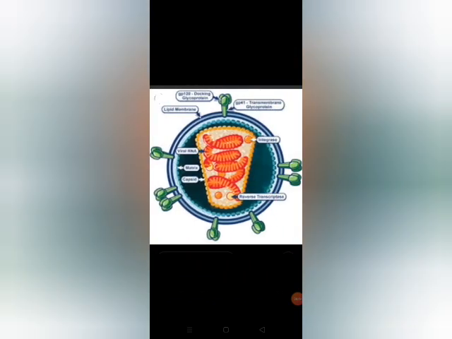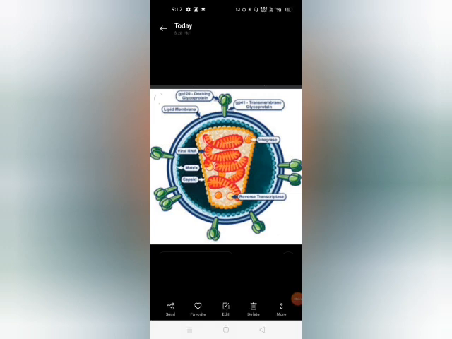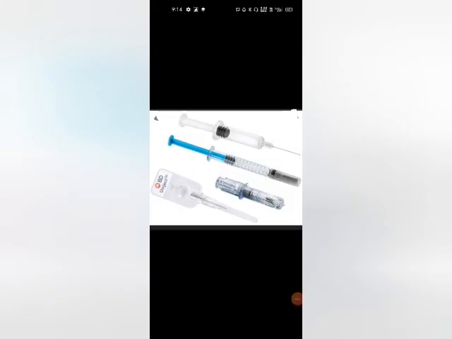It is transmitted through sexual contact, blood contact, and surgical equipment like needles and syringes. The next one, prevention and control. Disposable syringes and needles should be used.